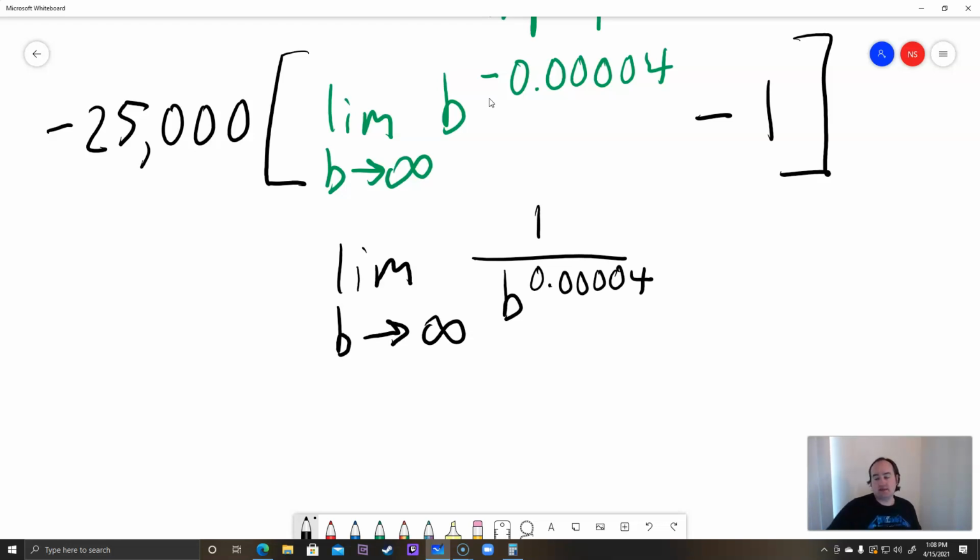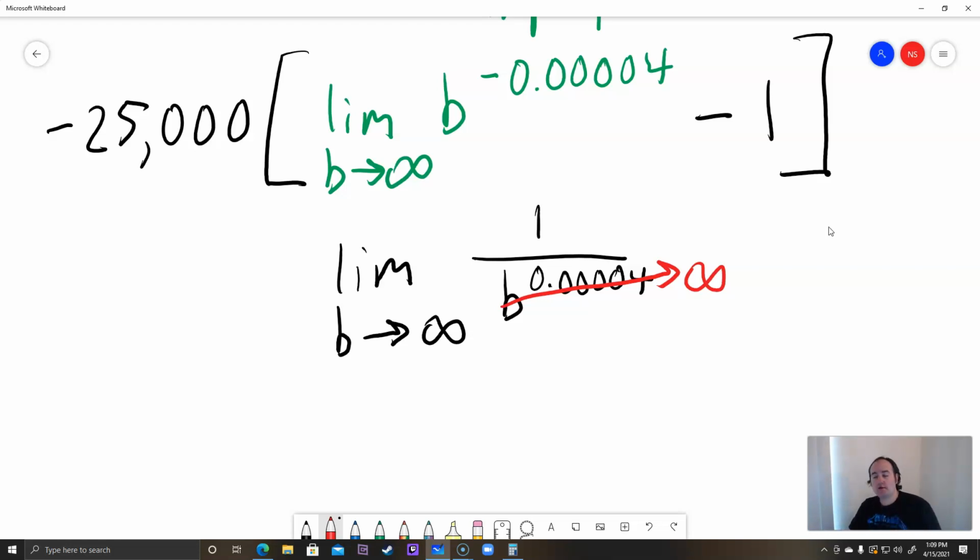As you can see here, in the numerator we have 1, which is a fixed constant, but in the denominator, if we plug in infinity, this denominator is actually going to be infinity. Okay, so that denominator is going to go to infinity, because even though it's raised to the 0.00004 power, it's still going to go to infinity.